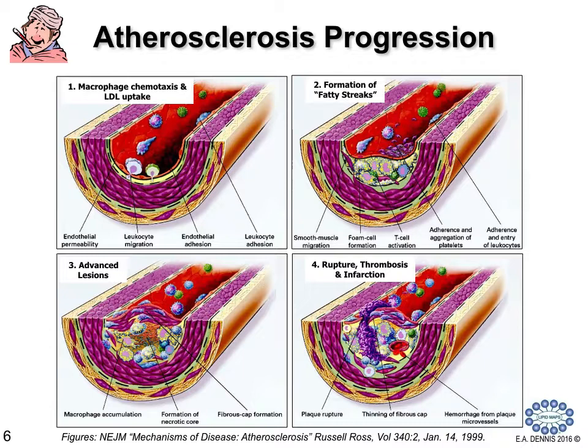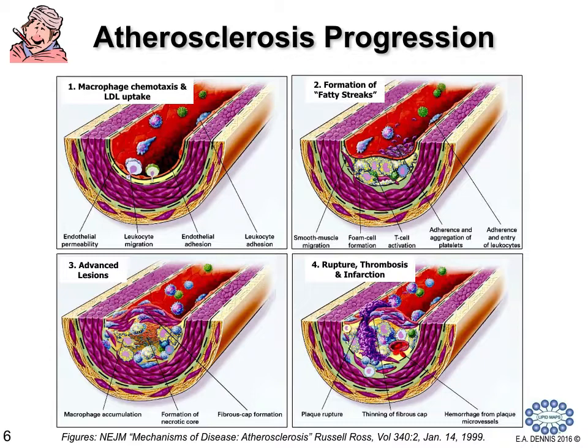Lipoproteins are central to the development and progression of atherosclerosis. As leukocytes travel through the arteries, macrophages and other cells accumulate along the wall, and these macrophages take up LDL particles. As they accumulate, one gets fatty streaks as depicted in panel 2, and the formation of foam cells, which are lipid-laden macrophages and other cells.